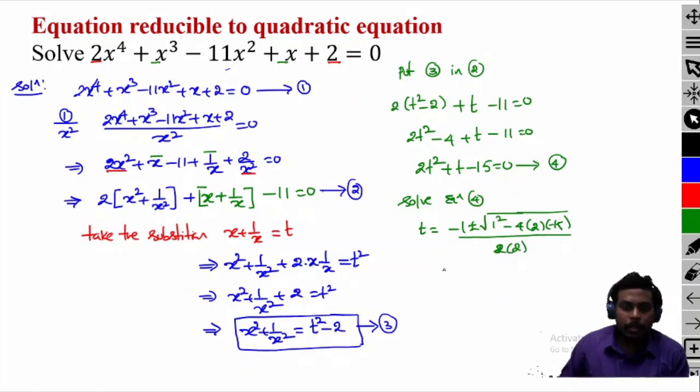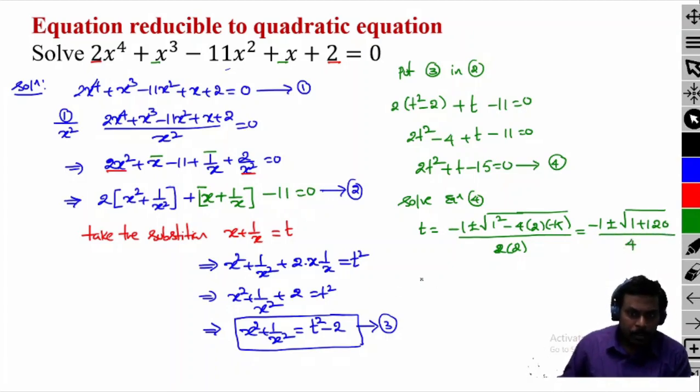So this is minus 1 plus or minus under root 15 into 2 is 30, 30 into 4 is 120, so 1 square plus 120, divided by 4.